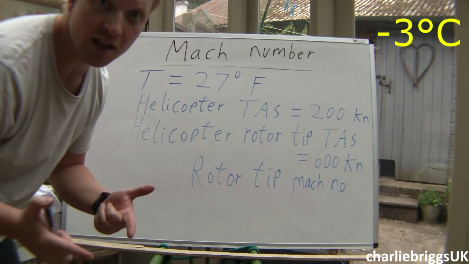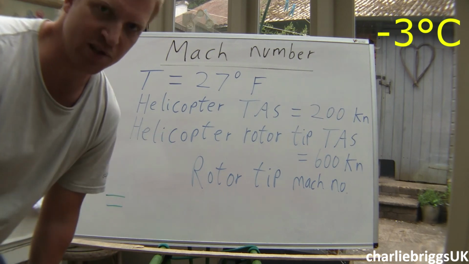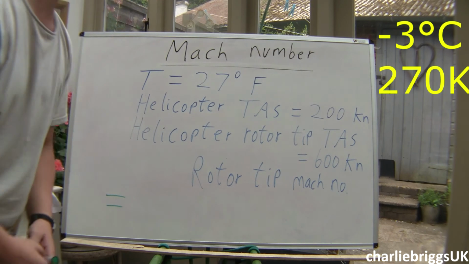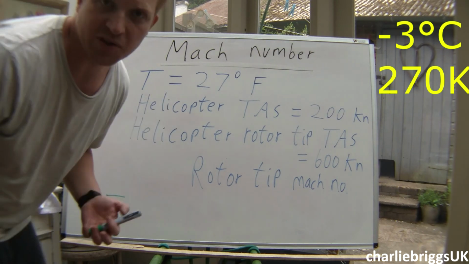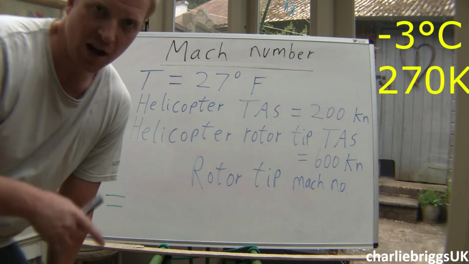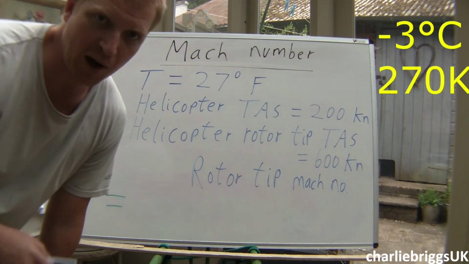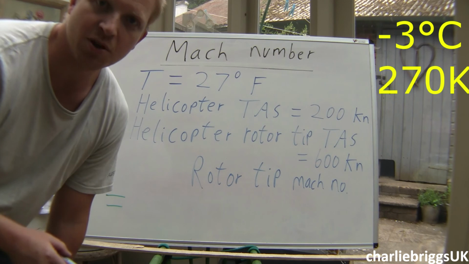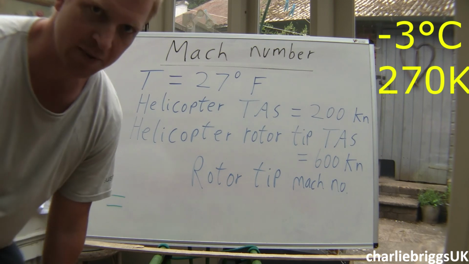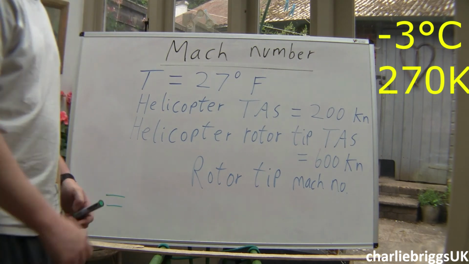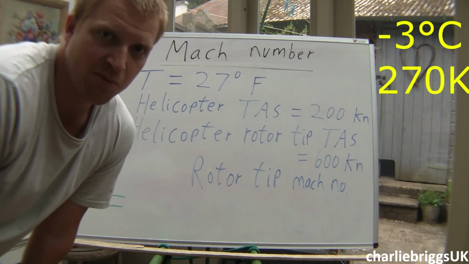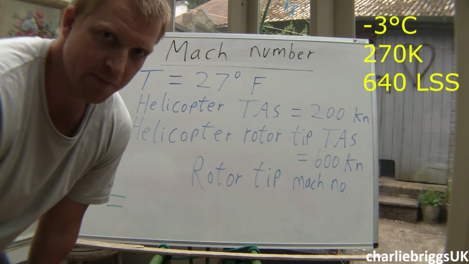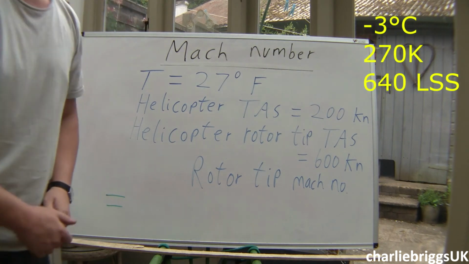In Kelvin, 270 Kelvin. So our local speed of sound is 38.94 multiplied by the square root of 270, which gives us 640 knots local speed of sound.